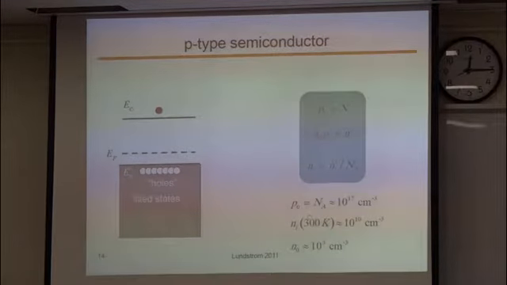So the difference between the number of holes and electrons will rely on the number of dopants inserted into the crystal structure. If we add more dopants, like in the case of P-type, if we add more boron atoms, then the difference between the number of holes and electrons will be bigger.